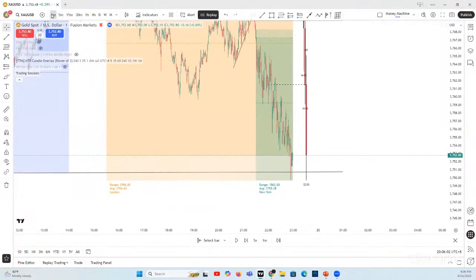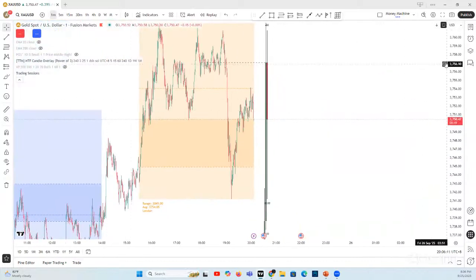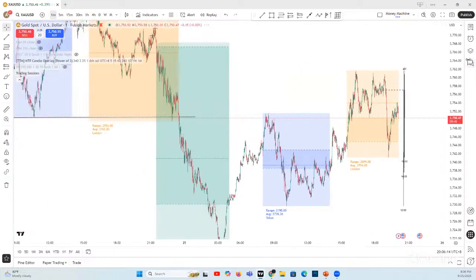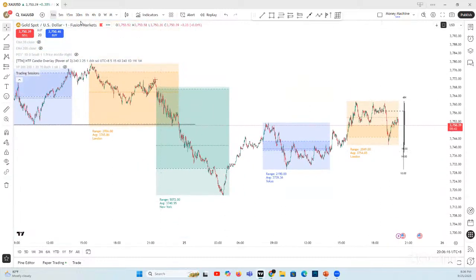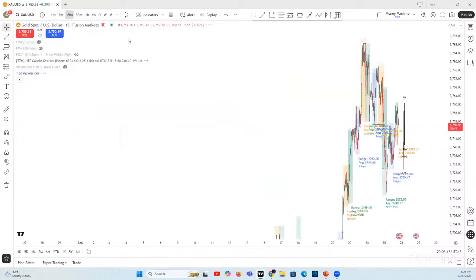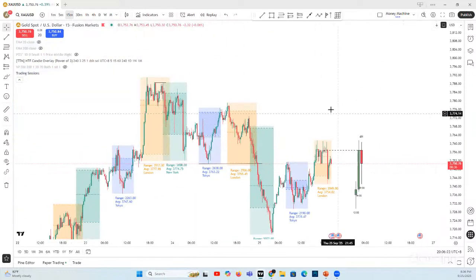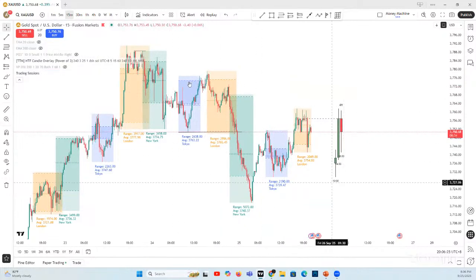When we are in the 1 minute, 5 minute, for example, let's stop the replay. Let's say 15 minute. So we are still in a bearish trend, right?